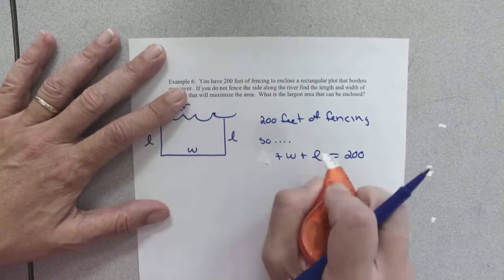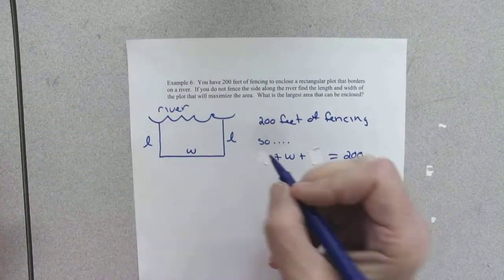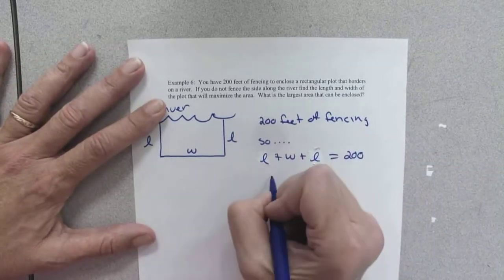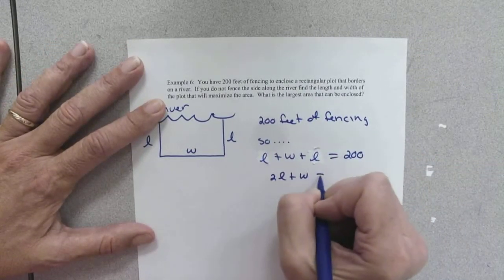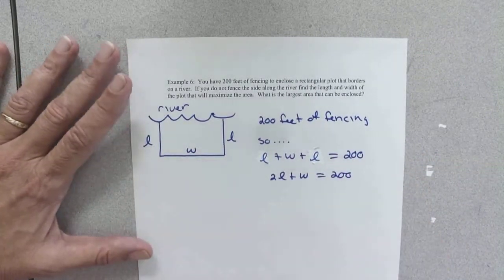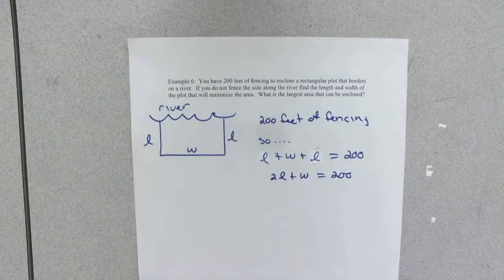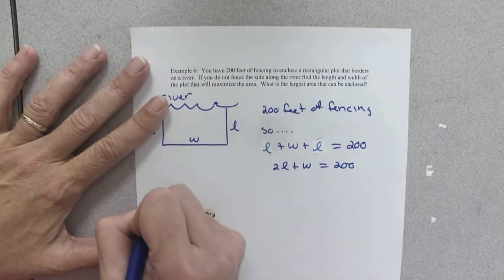The fencing is the length and the width. And so 2L plus W equals 200. So there's one piece of information we have. And then it says find the length and width that will maximize the area.